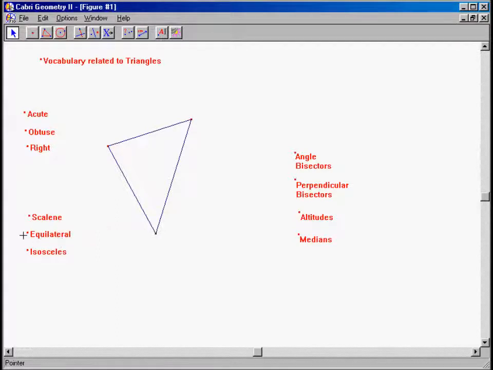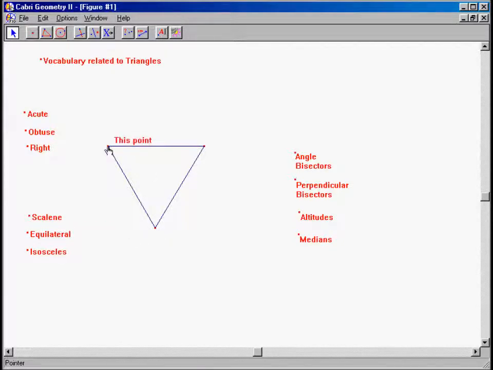Equilateral has the beginning part of the word like equal, and lateral means sides. So equilateral is a triangle where all the sides are equal. I'm just eyeballing this, but I hope that you get the idea. An equilateral triangle has all the sides the same. No sides the same for scalene. Equilateral, all sides the same.